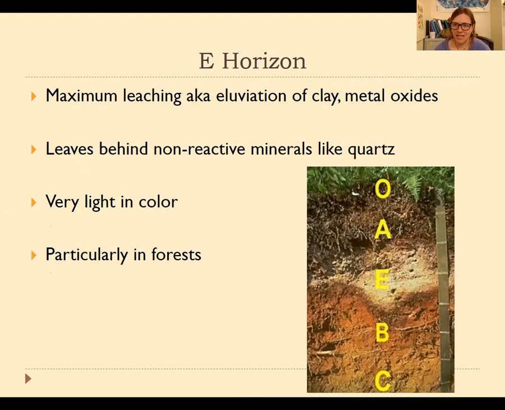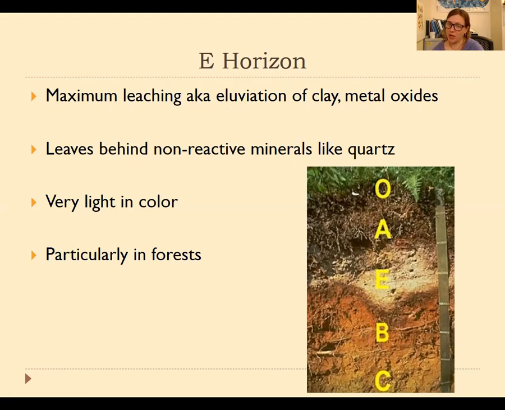And again, this is not something that's common in all soils, but is distinct in some sorts of usually temperate environments and quite wet soils. So not a lot of soils that we have around here in Plumas County. But the E comes from this term eluviation, which means kind of the movement away from a layer of clays and metal oxides. So it's just a layer that's really washed out, basically.